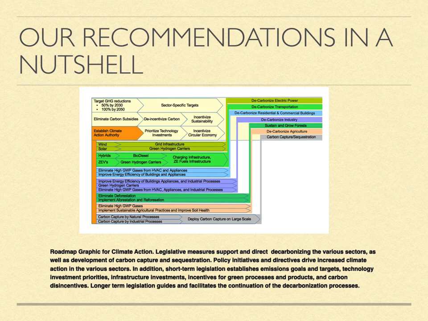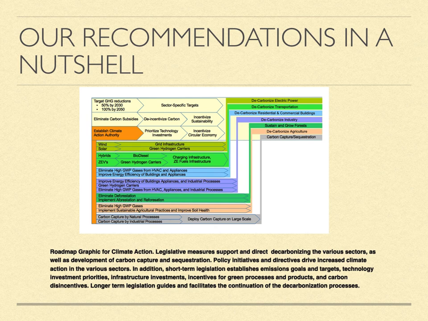So here once again is the roadmap graphic. And in the upper left, we have the legislative area. We have broad objectives like greenhouse gas reduction of 50% by 2030 and 100% by 2050. So those would be the broad targets. Then sector-specific targets that would be required to achieve those broad targets.